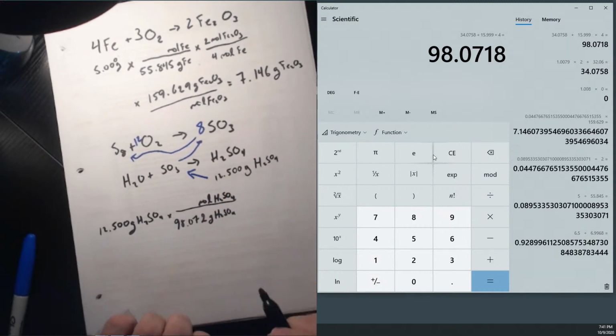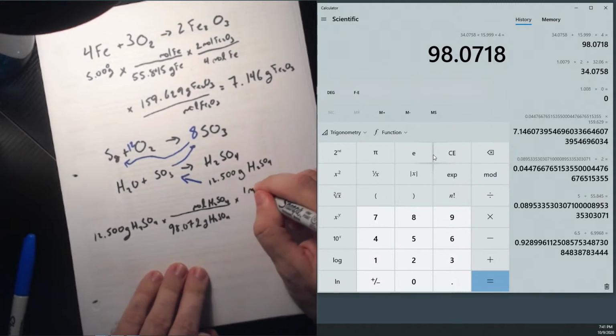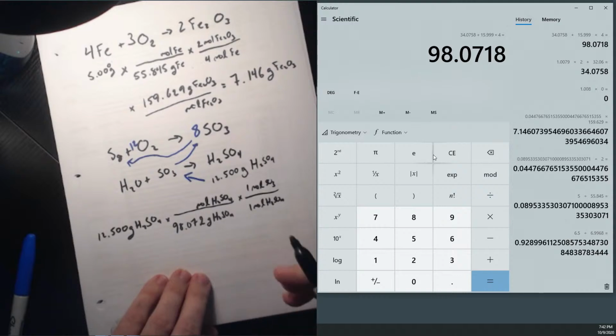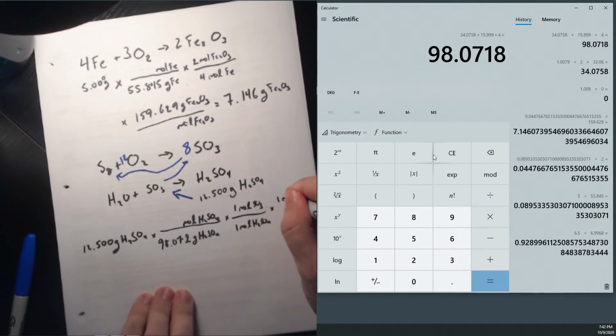Okay. So now we have moles of sulfuric acid. We convert to moles of SO3. That's just 1 to 1. 1 mole of SO3 for every 1 mole of H2SO4. And then we can convert directly from there to moles of sulfur. Times 1 mole of sulfur for every 8 moles of SO3.